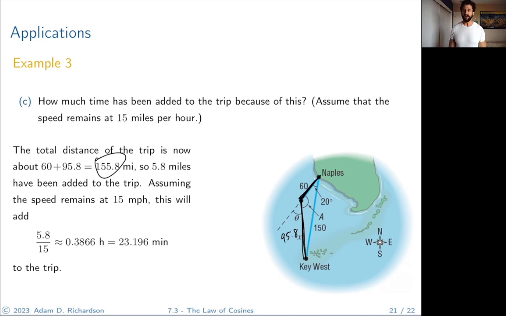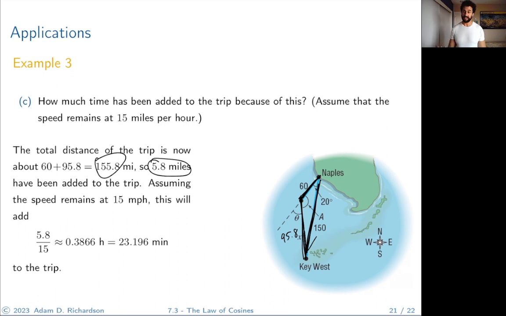But we knew that the optimal distance was 150. That's the straight line distance, as the crow flies. If we were to go straight from Naples to Key West like we wanted to, that would be 150 miles. But now we're going to be traveling 155.8 miles. So we just added 5.8 miles to our trip.